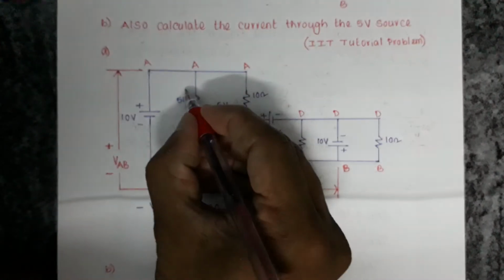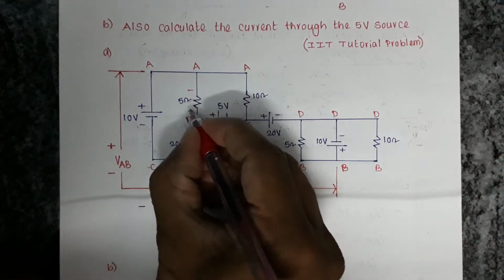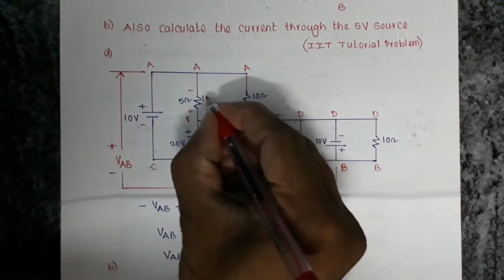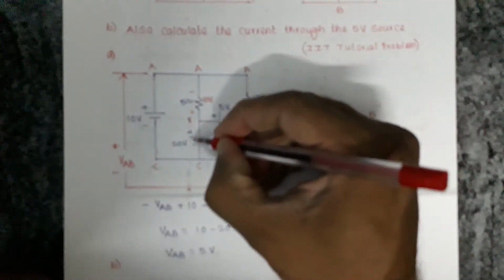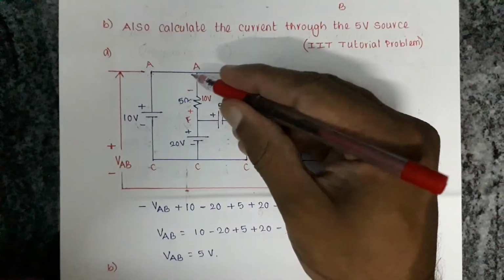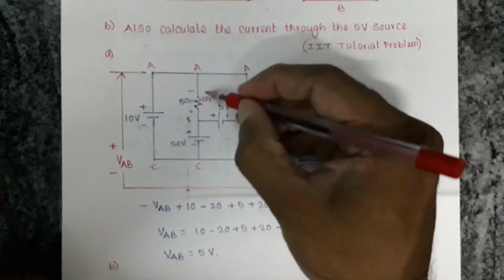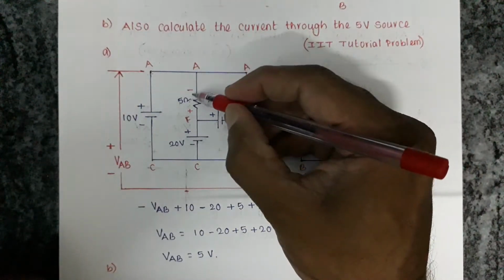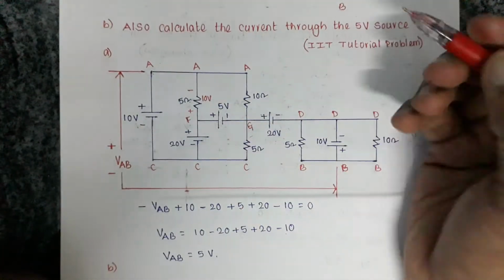So minus 10 plus 20 altogether comes as 10 volts. So the voltage between A and F is 10 volts, with negative polarity towards A and positive polarity towards F.